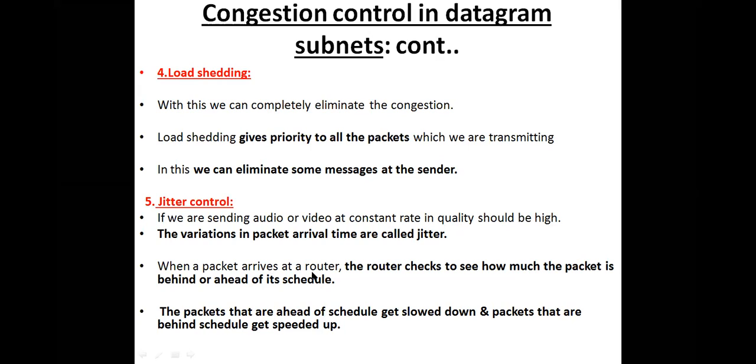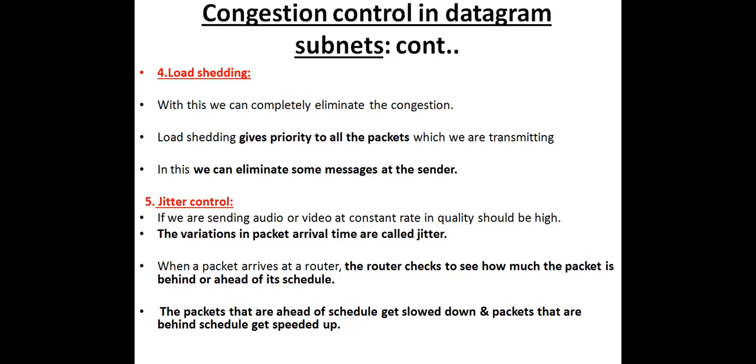When a packet arrives, the router has to check how much the packet is behind or how much it is ahead. Sometimes the bus needs to arrive at the Guntur bus stop by 8 o'clock, and sometimes it reaches the destination by 7:50. That means it is ahead.